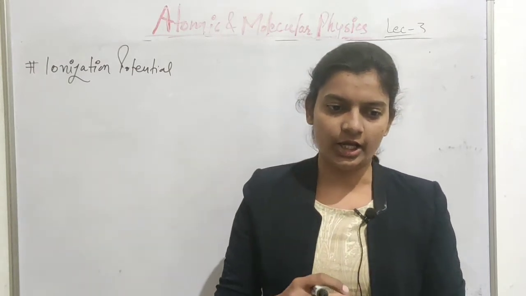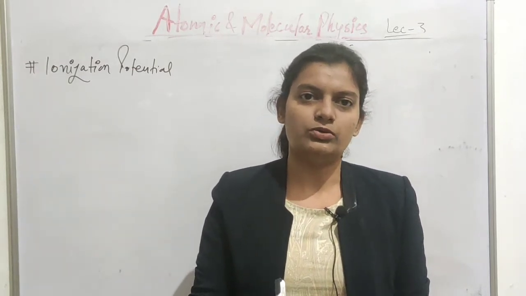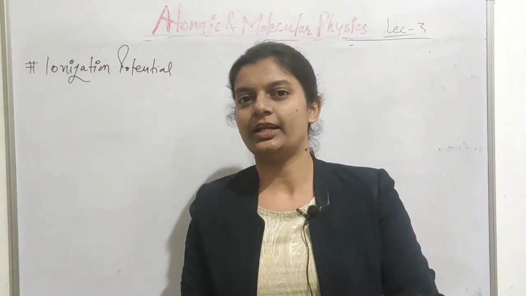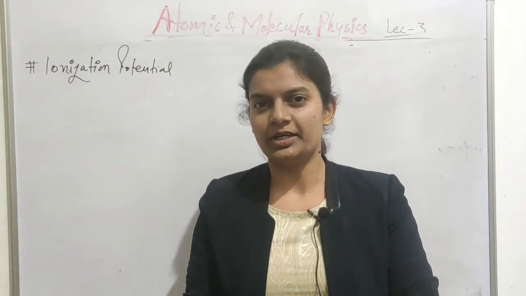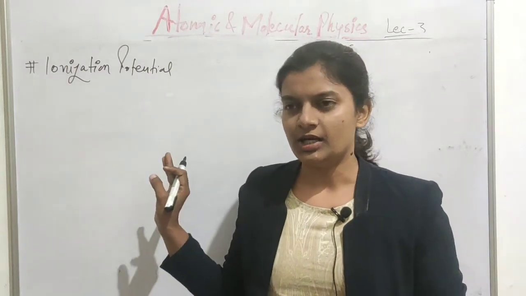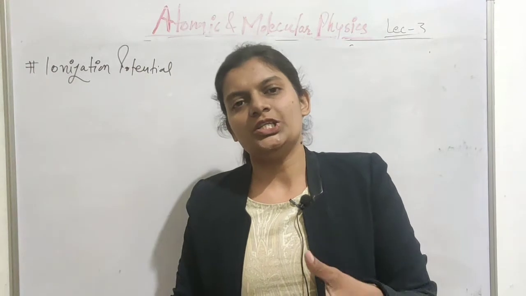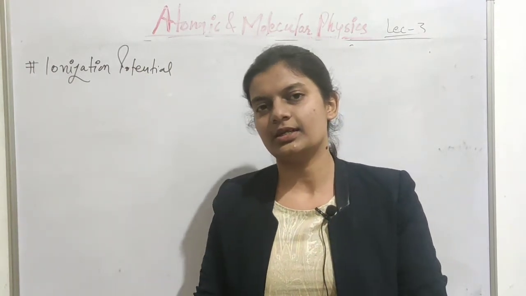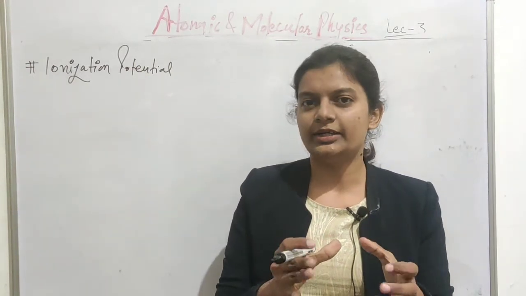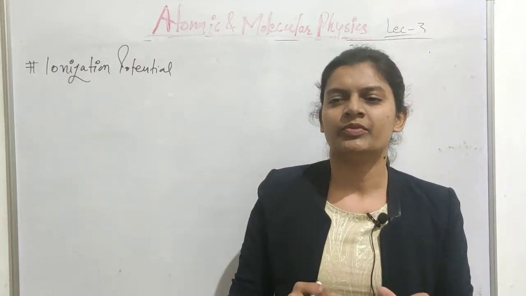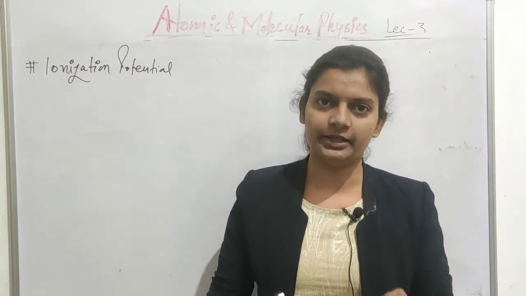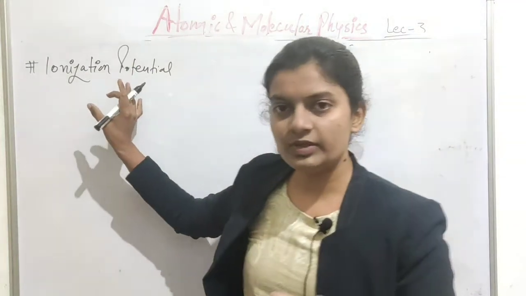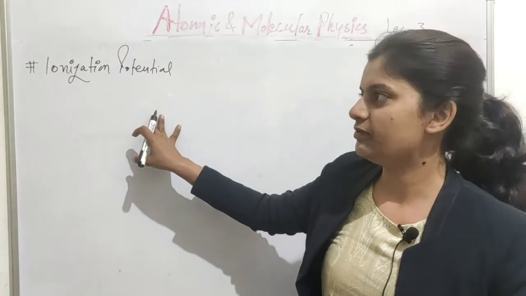You know that ionization energy is the amount of energy required to release an electron from an isolated atom. In the same manner, ionization potential is the amount of potential required to release an electron from an isolated atom. The atom should be isolated, with no other influence on the atom. This will also always come out to be a positive value.